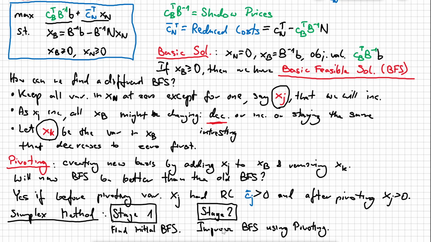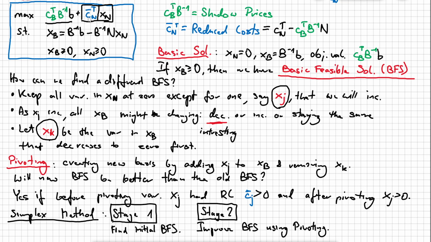So first of all, what do we need to see? We need to look at the reduced costs of all the xn variables. We'll have the problem in this format. Let's look at all those reduced costs that stand in front of the non-basic variables at the current basic feasible solution. If any of them is positive, that means increasing that non-basic variable will lead to an improvement of the objective.